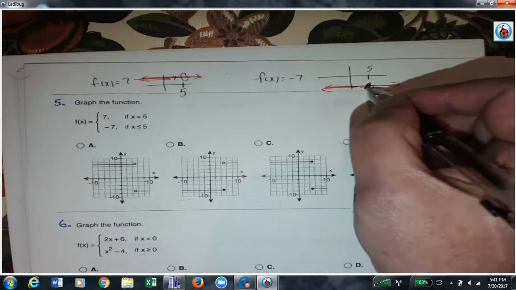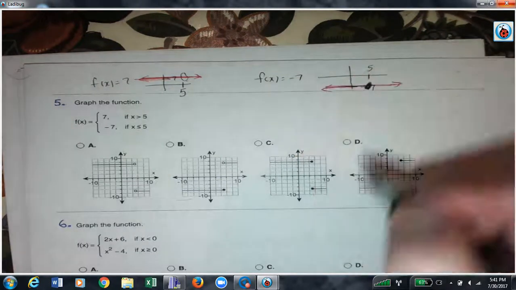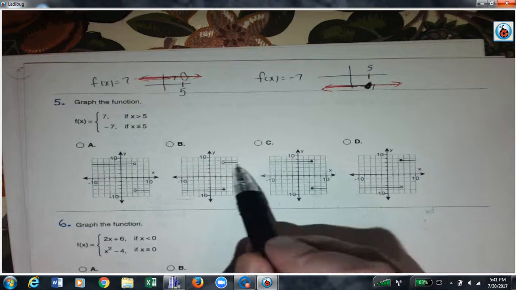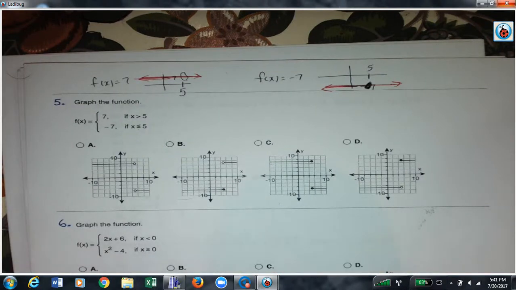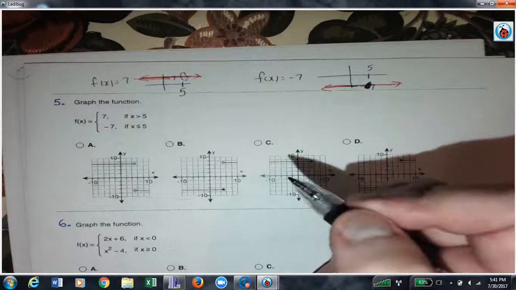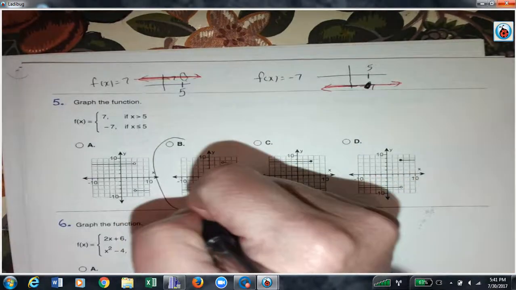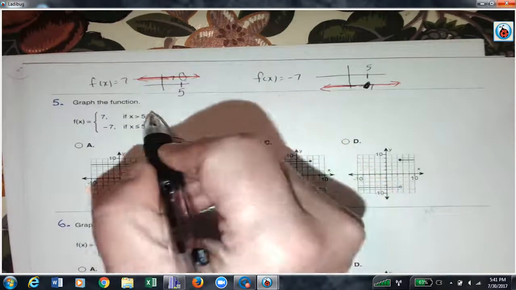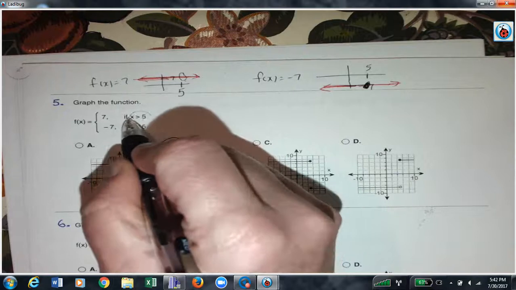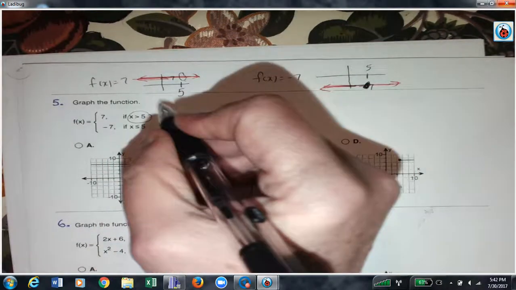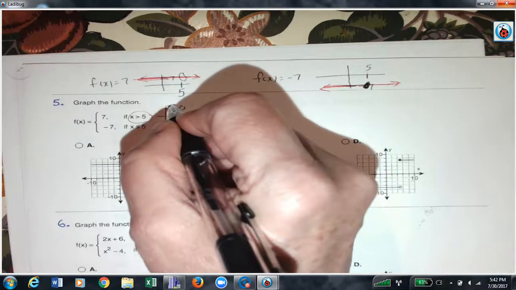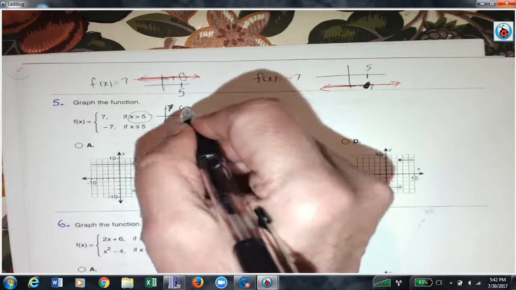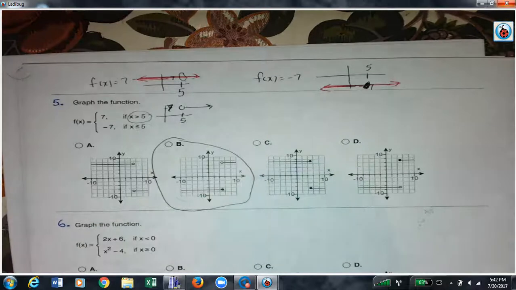So I do include the point and then everything. And so this satisfies both conditions, and so my answer is going to be B. So you have to pay attention to the symbols. x strictly greater than 5, oh, sorry, is going to be that portion.